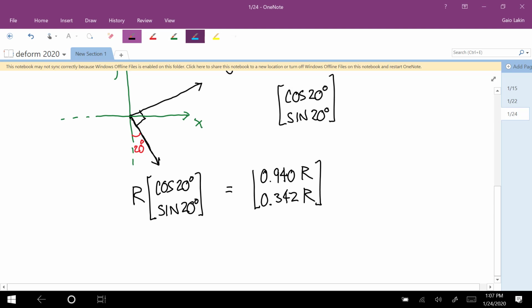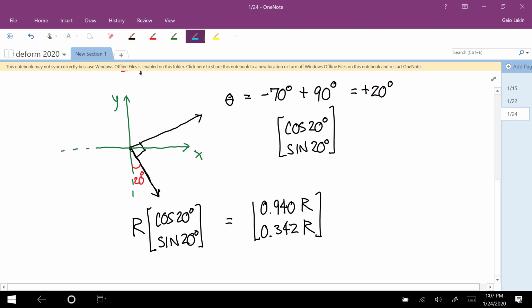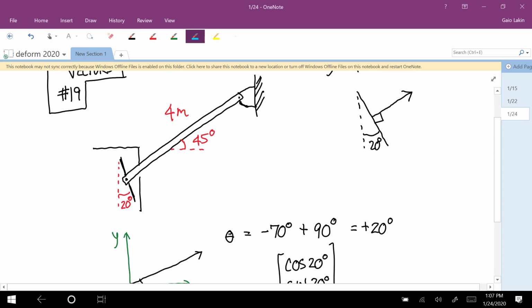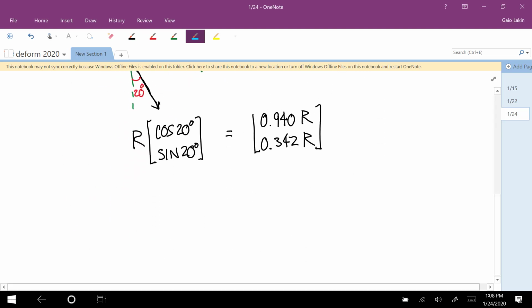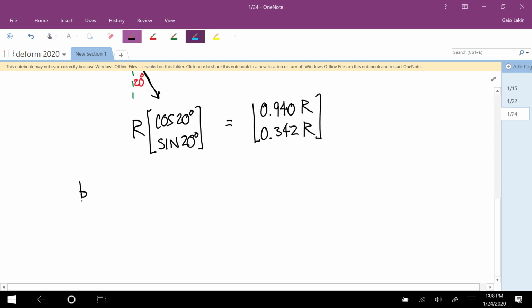Okay. And then the other vector, we want a vector that goes from the pin down to the pin and slot. So for that one, draw the coordinate system. I'm just going to think about it the same way. The vector we want is this, and has a magnitude of 4.